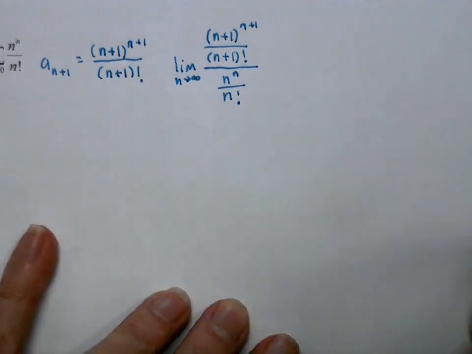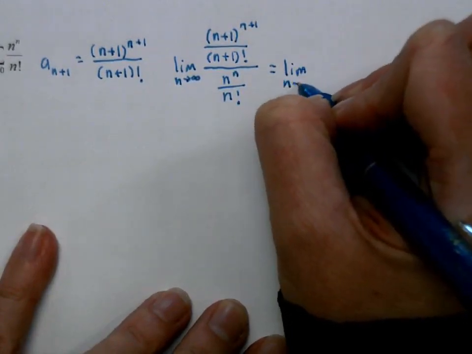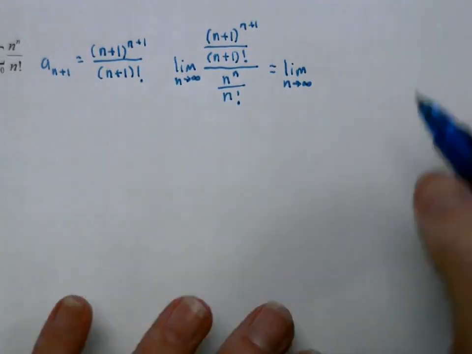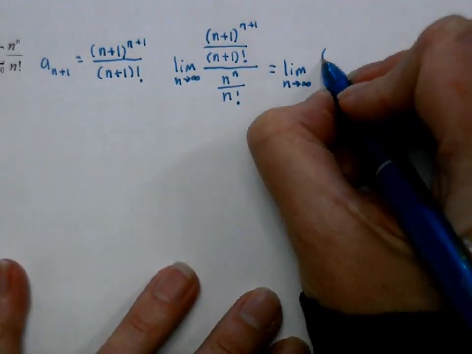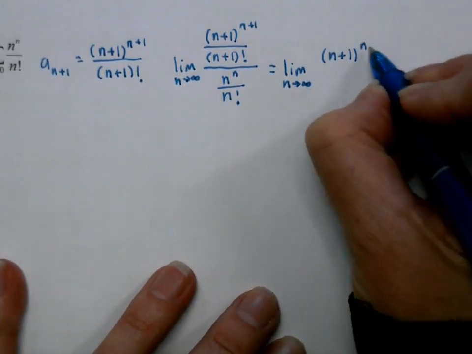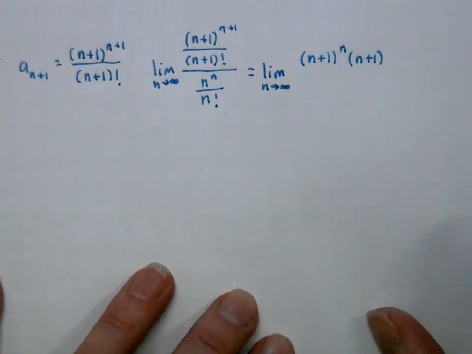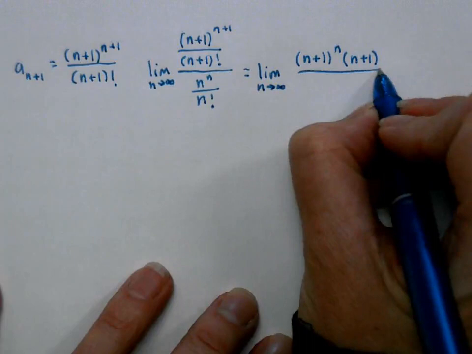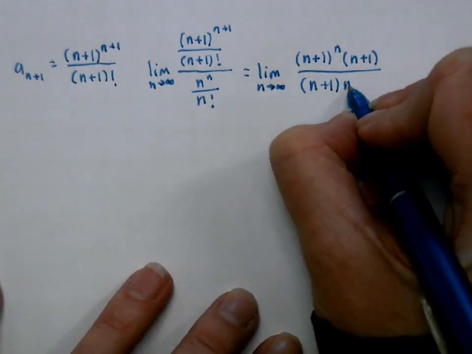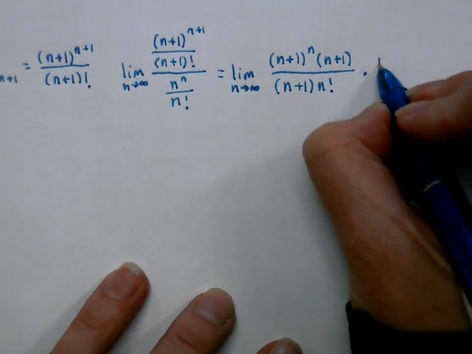Start reducing, simplifying, canceling. Because of how this works, you're going to have matching pieces that'll end up canceling, hopefully. I'm going to rewrite my n plus 1 to the n plus 1 as n plus 1 to the n times n plus 1. I'm going to rewrite my n plus 1 factorial as n plus 1 times n factorial. And then we'll multiply by the reciprocal.